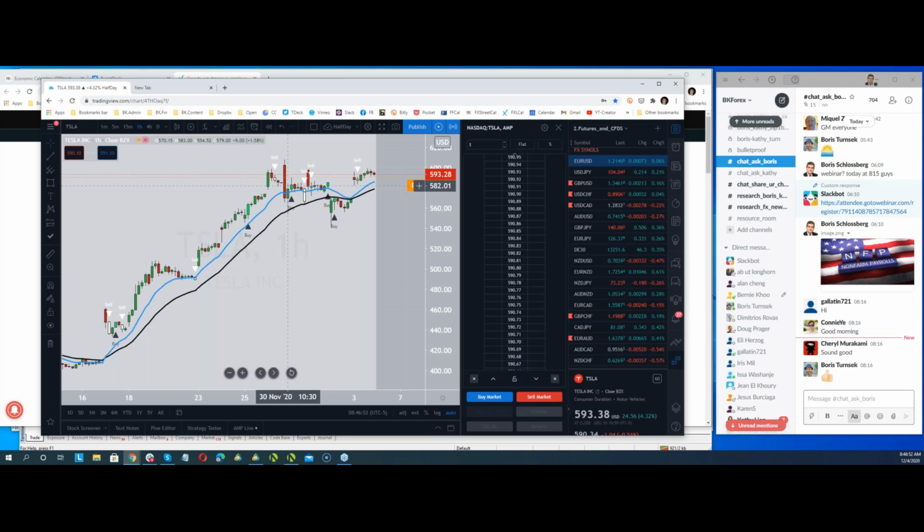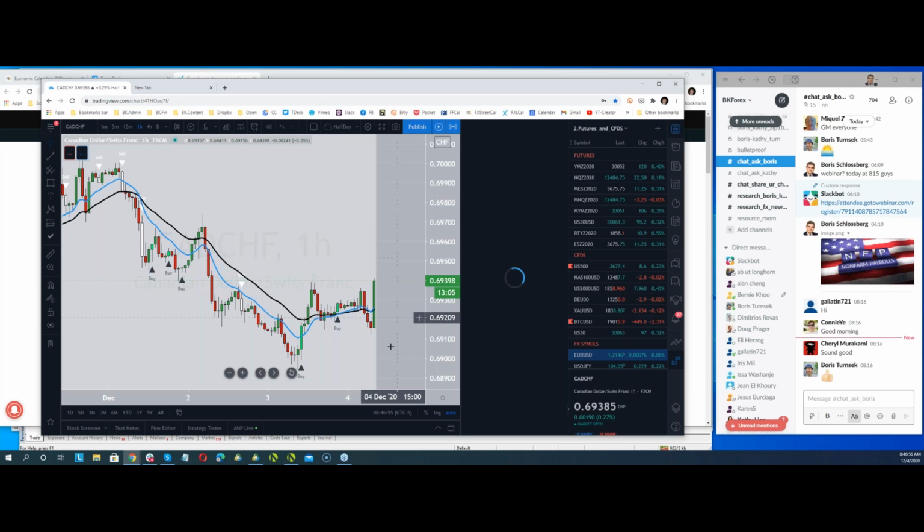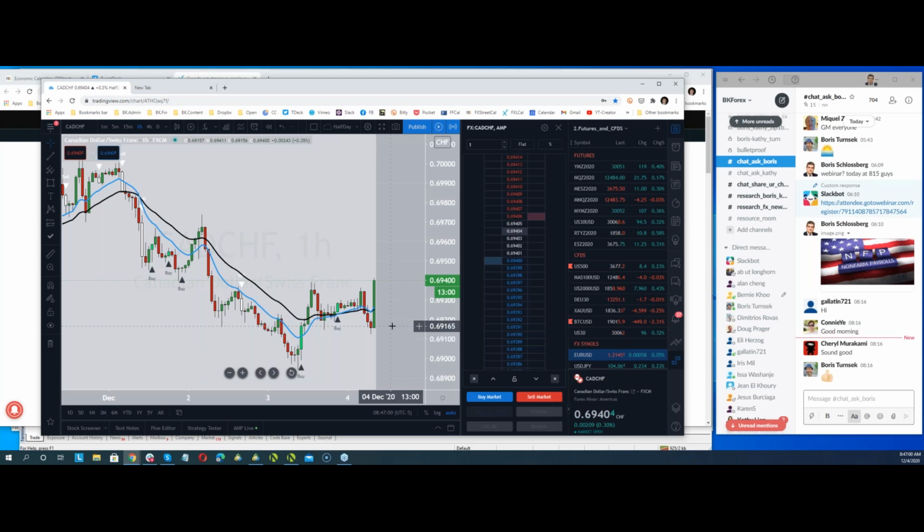Is there anything interesting on longer term charts? CAD Swiss really looking good, right? That is a good trade. How's it looking in the 1 minute chart?